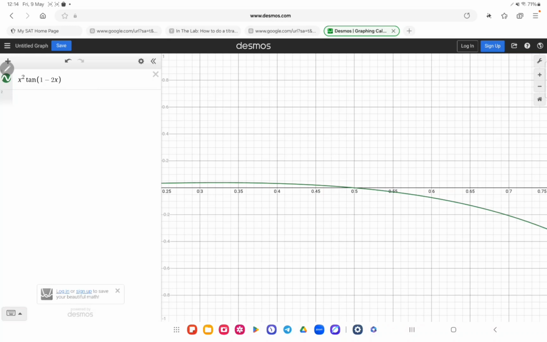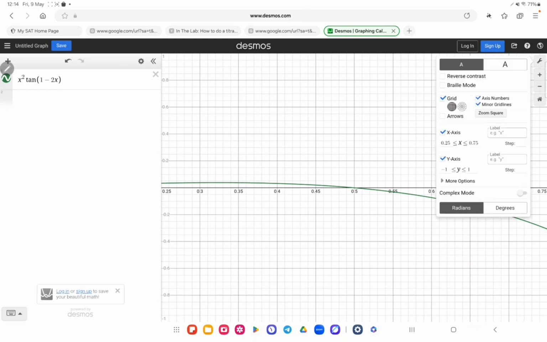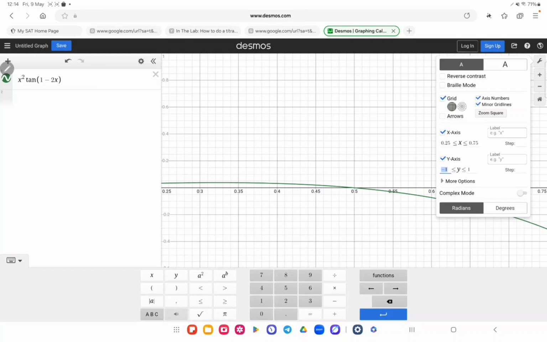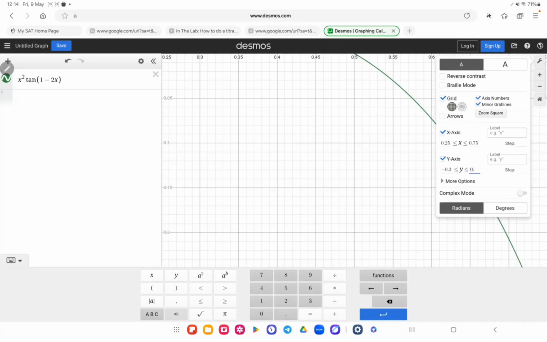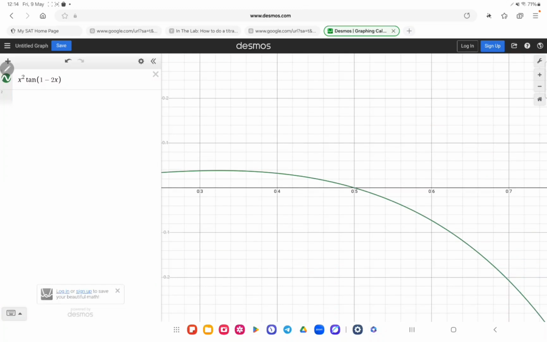Okay, so where is the slope 0? Let's make my y even smaller, because I want to see more. Let's make it negative 0.3 to 0.3. Yeah. So is my f prime becoming 0 anywhere?